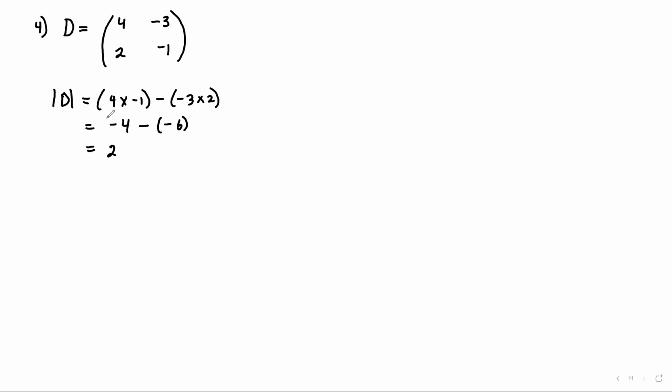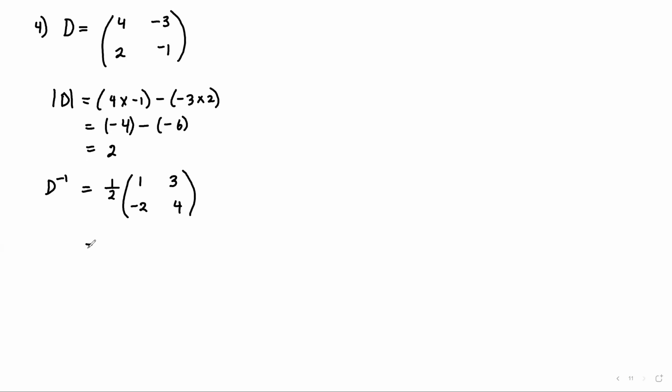All right. So therefore, D inverse is 1 over 2, so 1 half, by the adjoint. We swap the leading diagonal, so that'll be negative 1, 4, and you change the signs of the remaining elements. So that'll be 3, because it was negative 3 here, and then this was positive 2, so in the adjoint it will be negative 2.